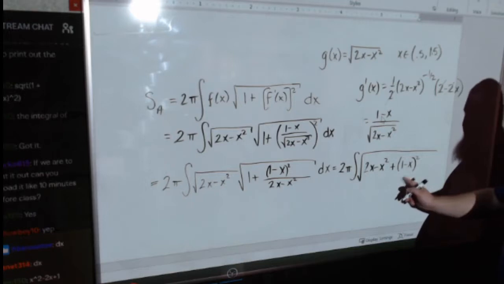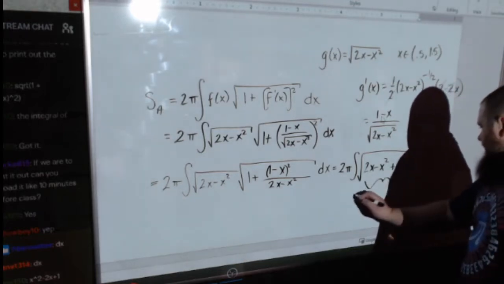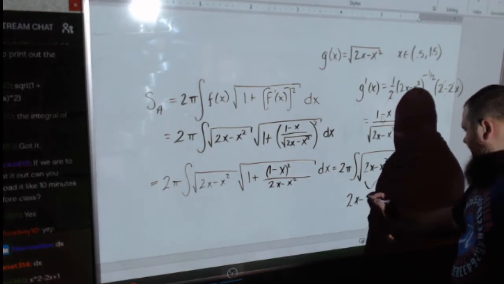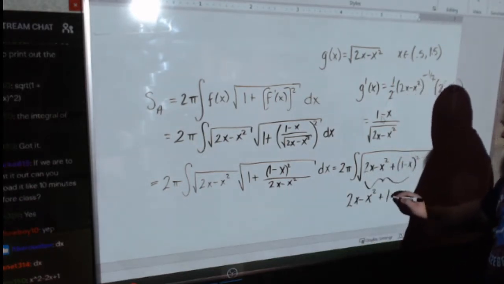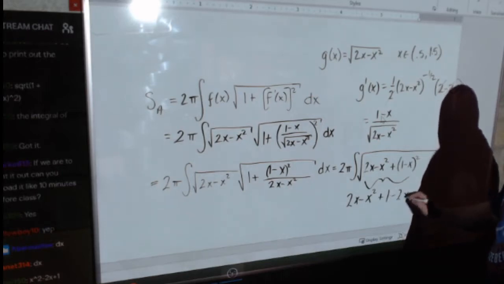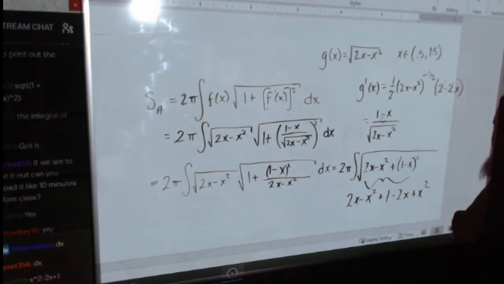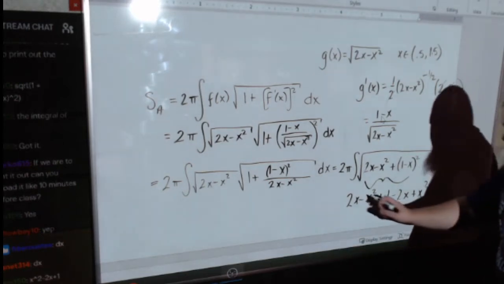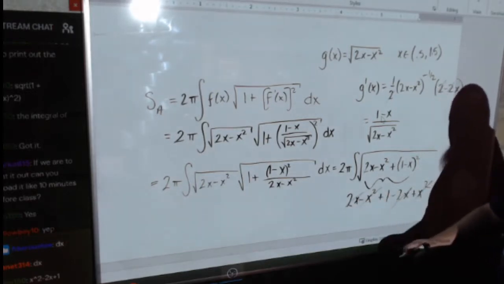So then if I square this out and simplify inside the radical, let's see what happens. So I've got 2x minus x squared. This is going to give me plus 1 minus 2x plus x squared. Well, that's really nice, because I got 2x minus 2x, and I got minus x squared plus x squared.